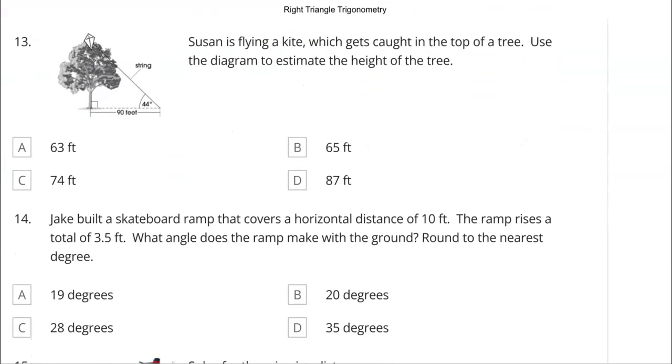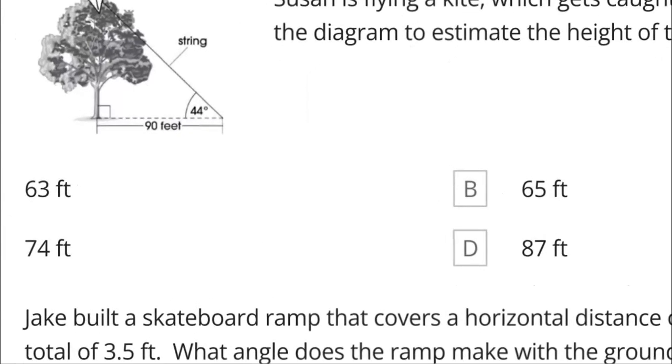Next problem. Susan is flying a kite which gets caught in the top of a tree. Use the diagram to estimate the height of the tree. Okay, so right here, that's your tree height. So I'm going to say this is your tree height, and that's what we need. They gave you the angle of 44.